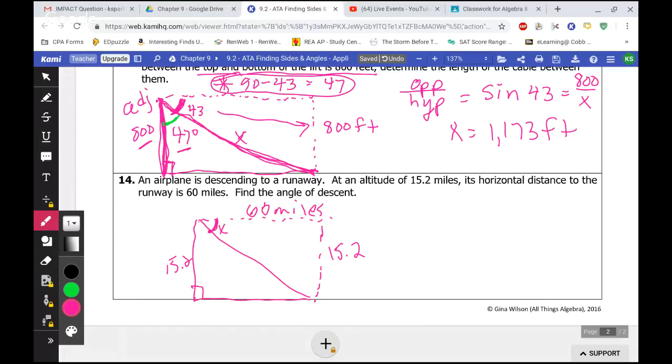So we've got 60 miles, that's an adjacent side, and the opposite. So we've got opposite over adjacent. Tan. Yes.